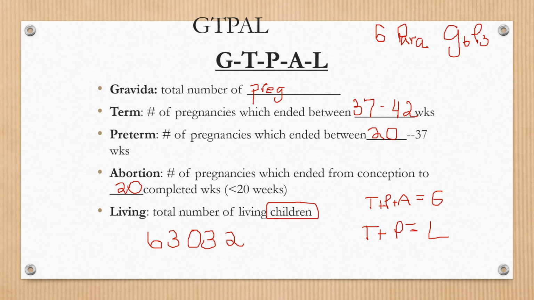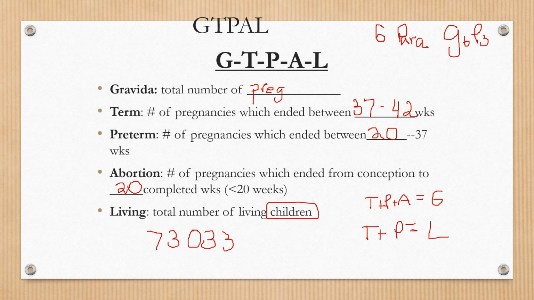Now we can change something else here too. Let's just put this back to a 3 for you. I'm going to change one other factor and make that 7. So now we're saying that she's had 7 pregnancies, 3 deliveries, 0 preterms, 3 term deliveries, 0 preterms, 3 miscarriages or abortions, and 3 living children.